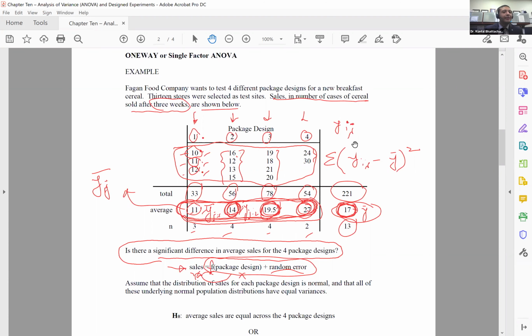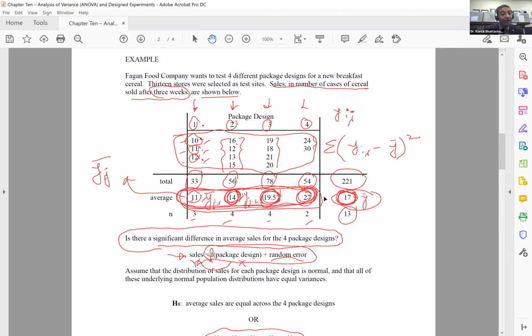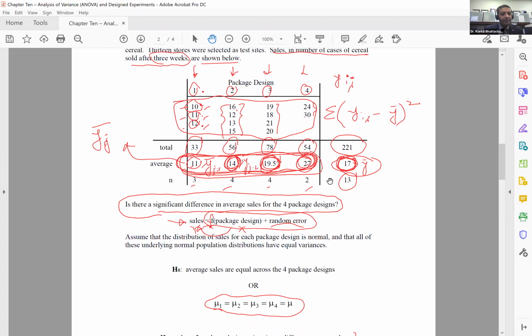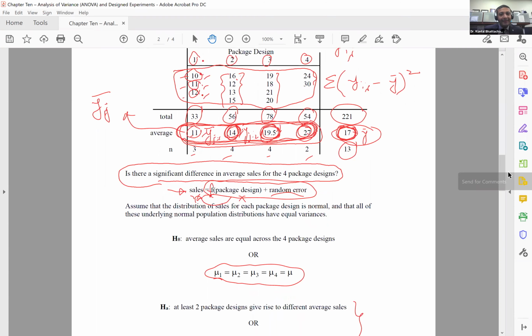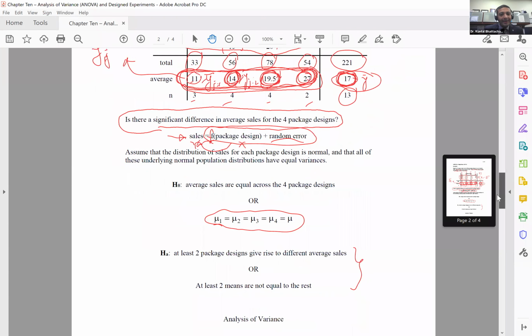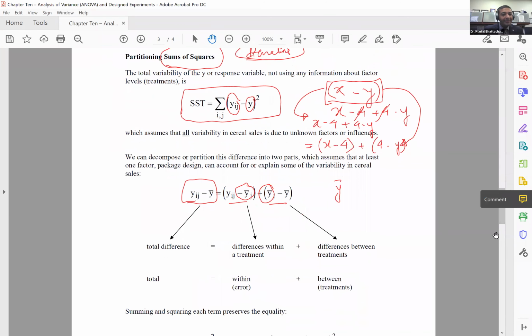So now suddenly those buckets have a very specific meaning, because when I say y sub ij minus y bar j, it's basically telling you, within a certain treatment, because this is all within that treatment of y bar j, what are the deviations?